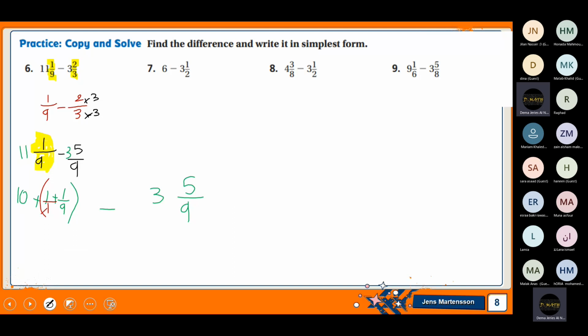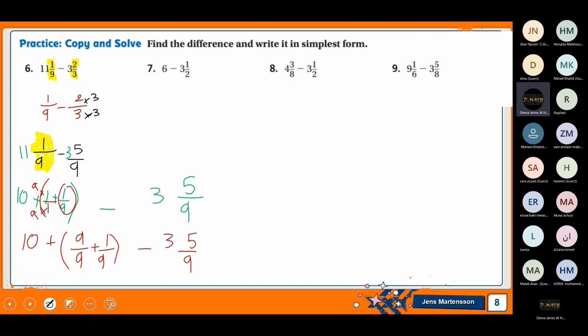So I will multiply down by 9 and up by 9. So now it comes like 10, my father, plus the one that I take from my father. How do I change it? It comes like 9 over 9 plus me, which is 1 over 9, minus the previous one, which is 3 and 6 over 9.